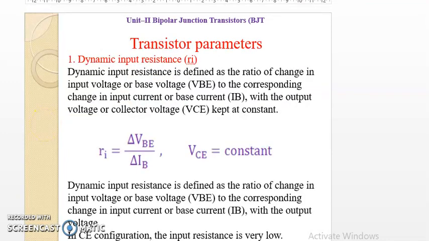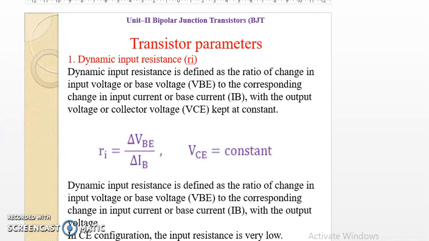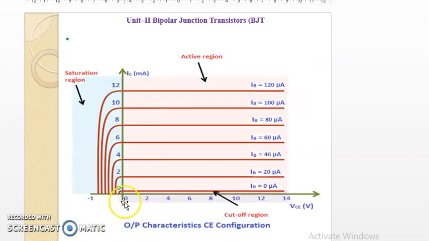Got it? This is nothing but the output characteristics of a transistor. Here you see, there is a rapid improvement in the collector current by a small change in VCE.